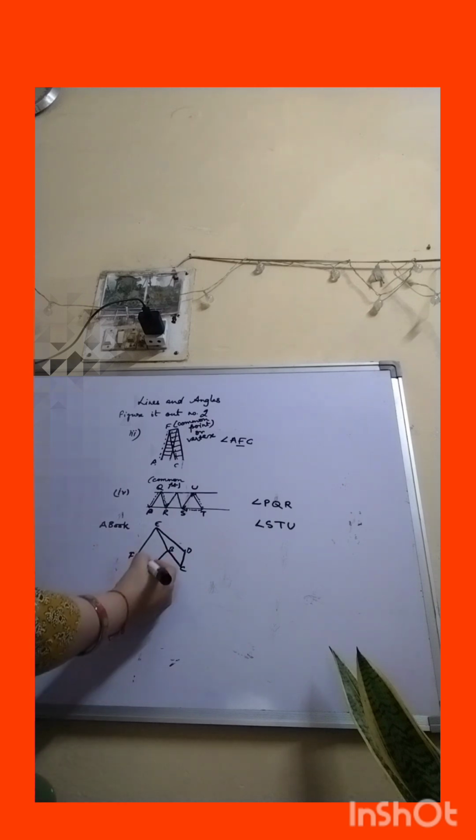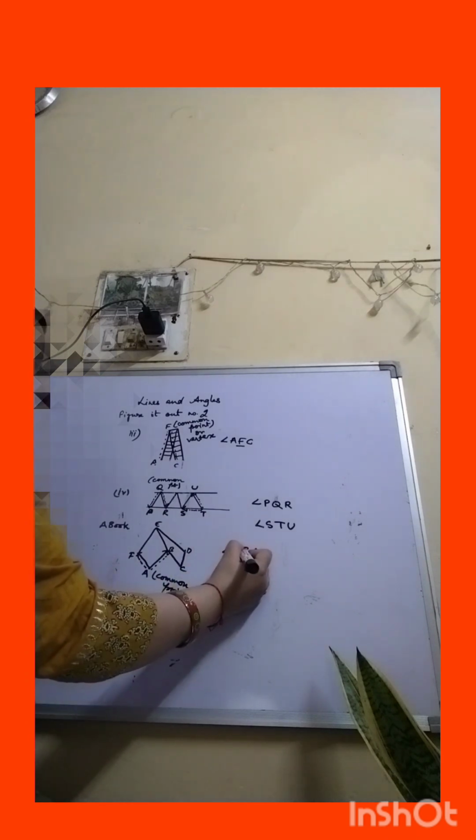Now you would say, from where should I start? So if I take A as the vertex, A is the common point. What are the rays that are going from A? You can say that AF is a ray that is going from A. Another ray that is going from A is AB.